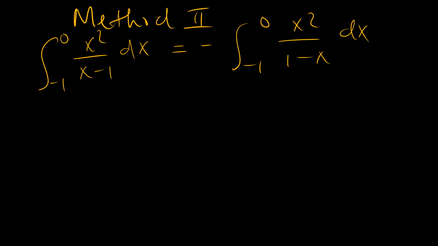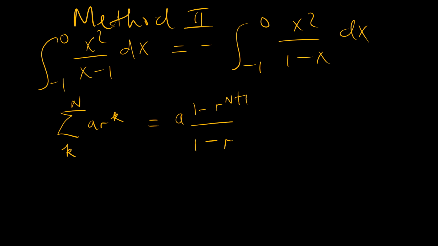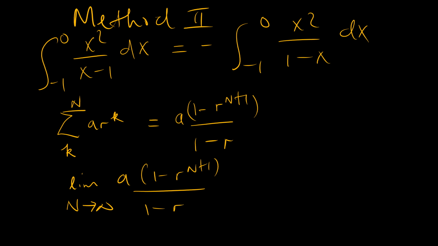We know that for a geometric series, we have the first term a times 1 minus r to the n plus 1 over 1 minus r. As n tends to infinity, this would mean you just have a over 1 minus r.